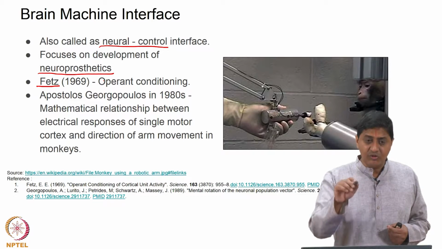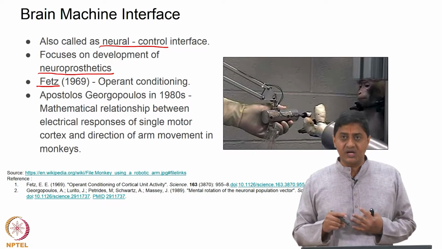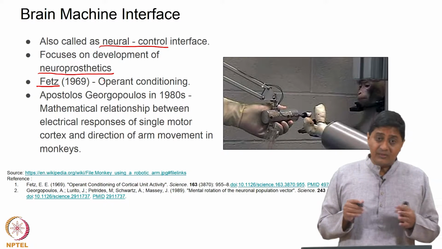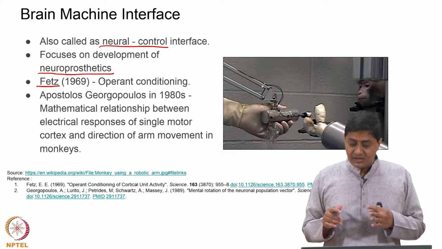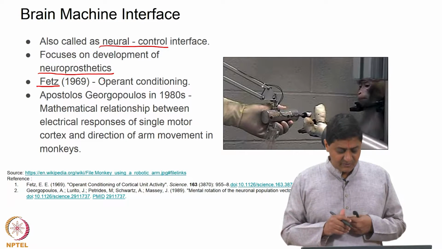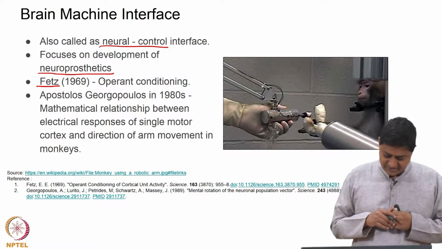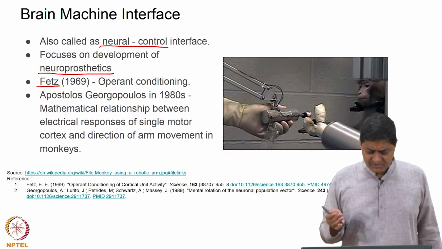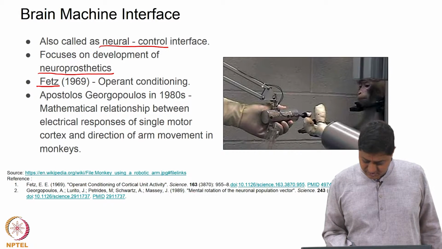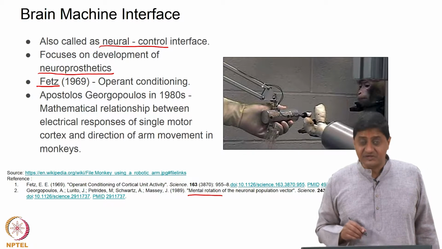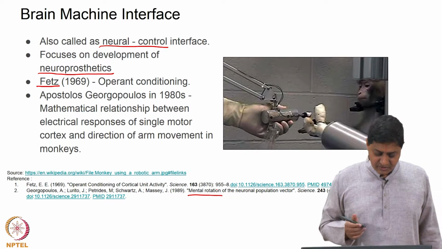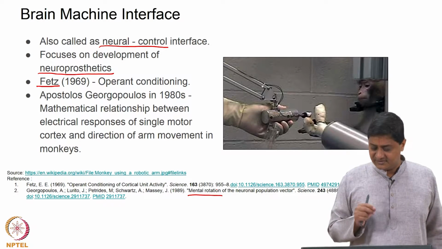A particular population of neurons encodes the direction in which the movement is going to happen. We saw this from the work of Apostolos Georgopoulos, for example. It is also possible to perform mental rotations of the neuronal population vector, a brilliant study that those interested must check. So, it is possible to change all these things.